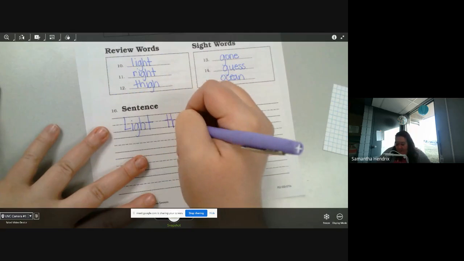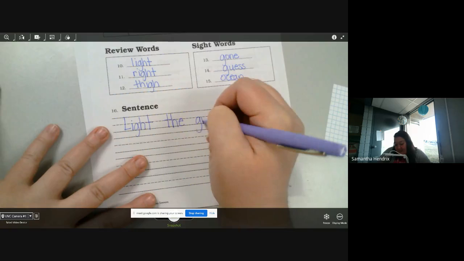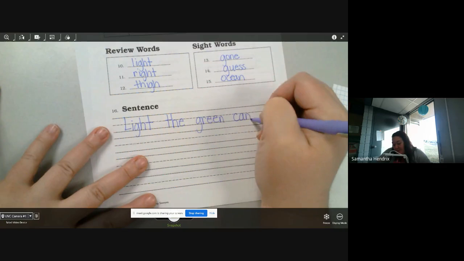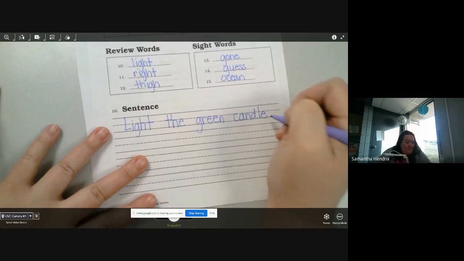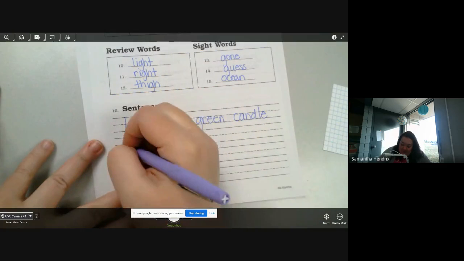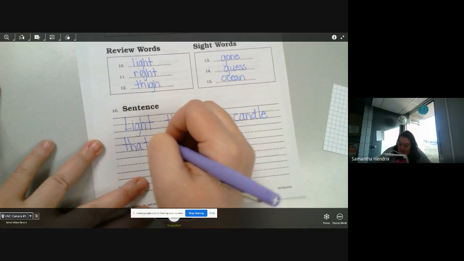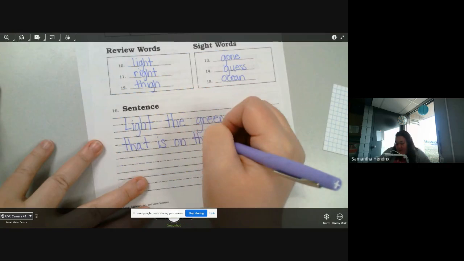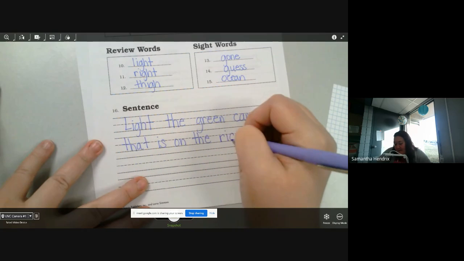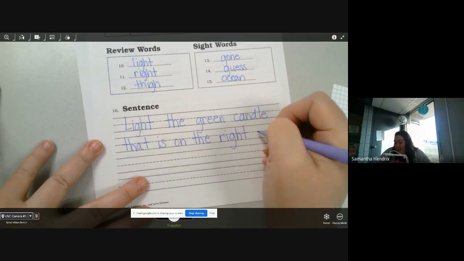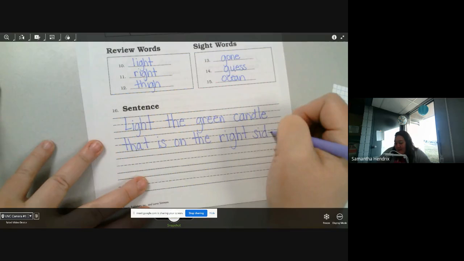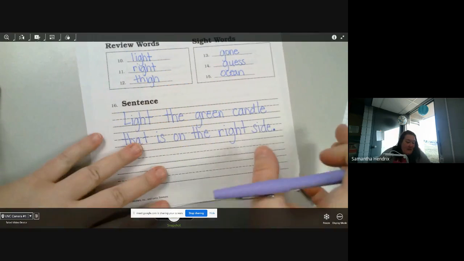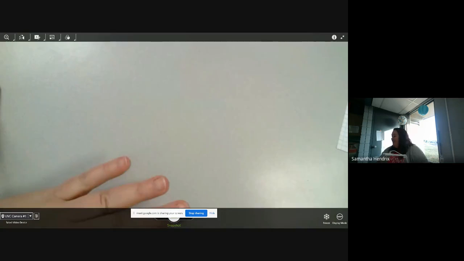The green candle that is on the right side. Remember, you can pause to write, but you should be able to spell every word in that sentence, okay? Okay, let's look.